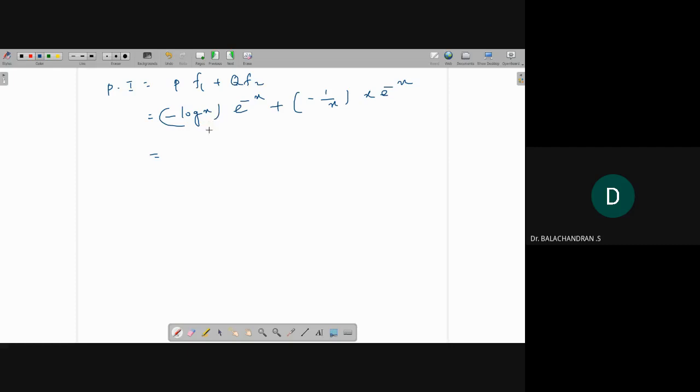So I will take minus e power minus x commonly. Remaining is log x, x and x get cancelled. Minus e power minus x I take common, so remaining is plus 1. This is the particular integral. Now the general solution y equal to CF plus PI, that is c1 plus c2 into x into e power minus x, minus e power minus x into log x plus 1, or 1 plus log x.